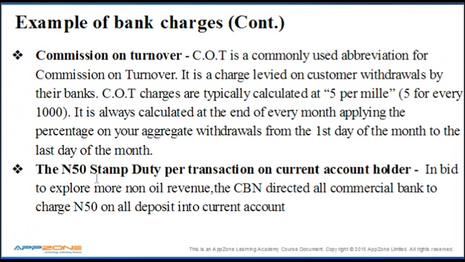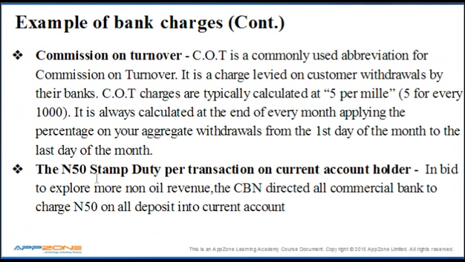That's 30,000. We said that it is 5 naira per mil. So for me to get my COT at the end of the month, I have to multiply 30 times 5, which is going to be 150 naira. So that's what my COT is going to be at the end of the month.